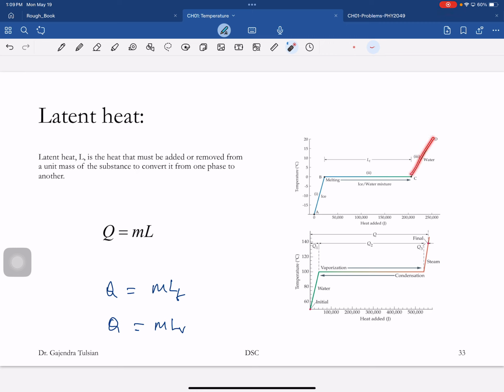Once all the ice melts, then the water temperature can rise. Same thing happens when you are heating water. Once it gets to 100 degrees Celsius, the temperature doesn't rise till all the water becomes steam. And then once all the water has become steam, you can raise the temperature of the steam all you want.